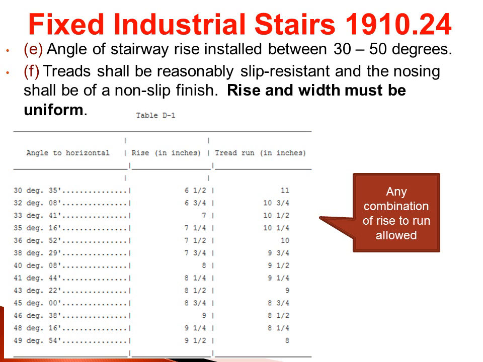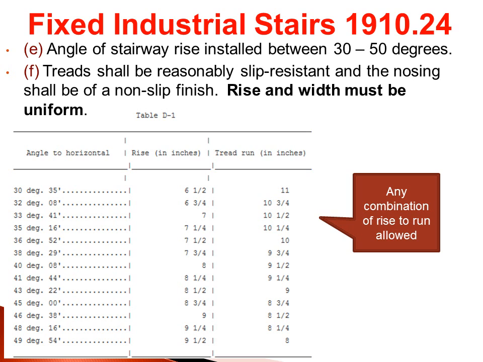But there's also a table in the 29 CFR 1910.24 standard, which is walking and working surfaces, which gives you the best rise, or how far you'll pick your foot up, over run, how deep the stair is based on the angle that the stairs are to the horizon.